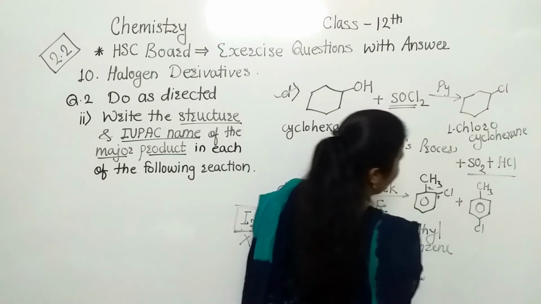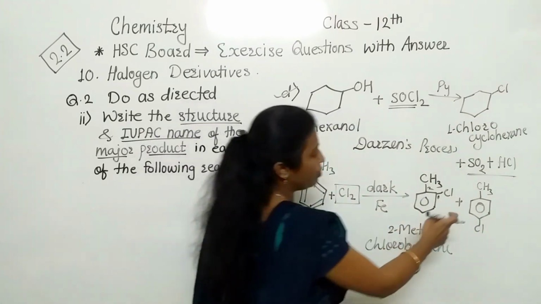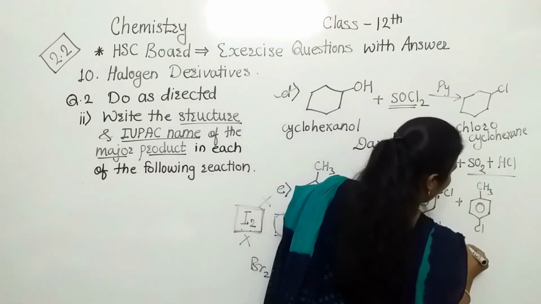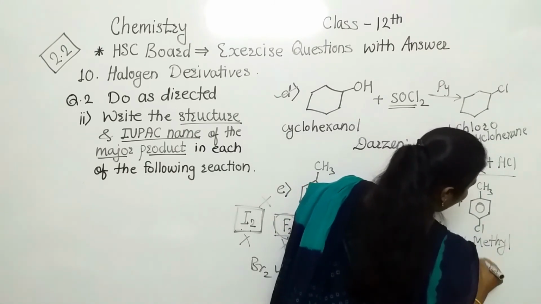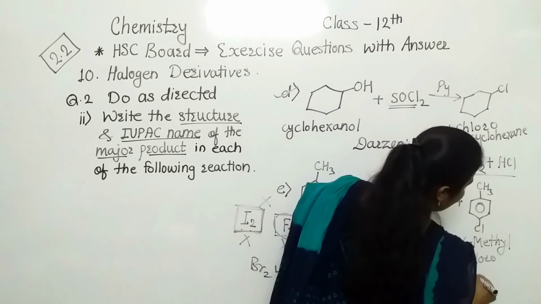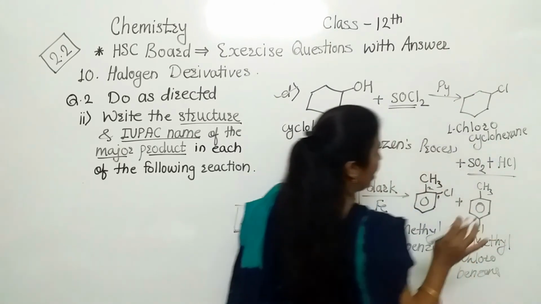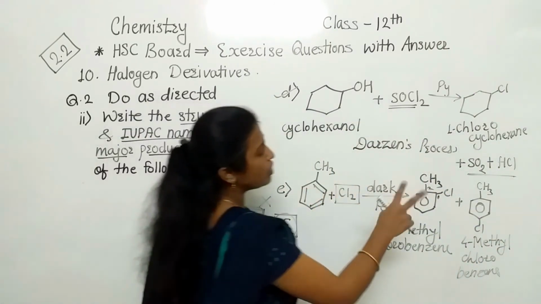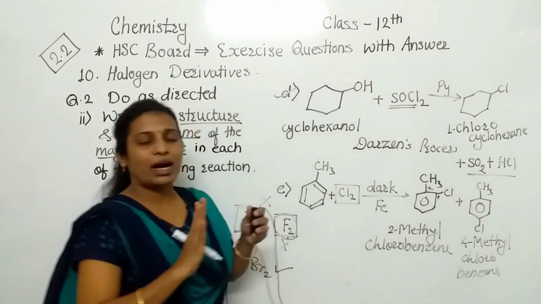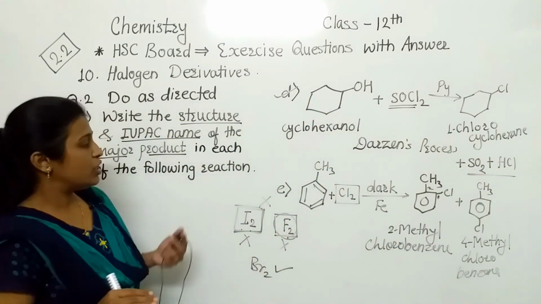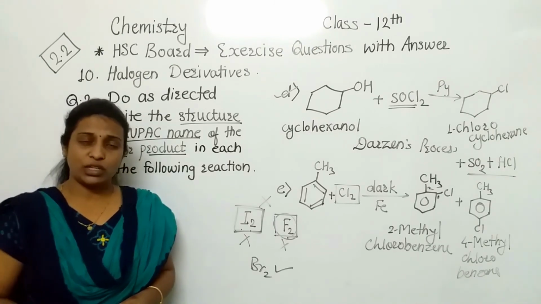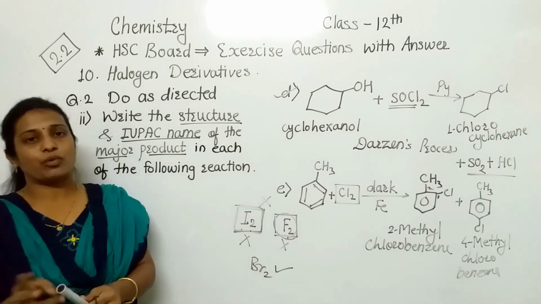This is the IUPAC name of this structure. What about this one? That will be 4-methyl chlorobenzene. This is the correct name of this product. Now which one will be the major? As I told you, always the para product is the major one. So here we have completed our question, sub question 2 of question 2.